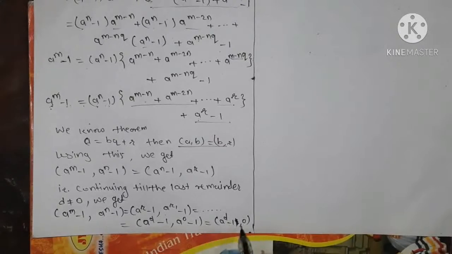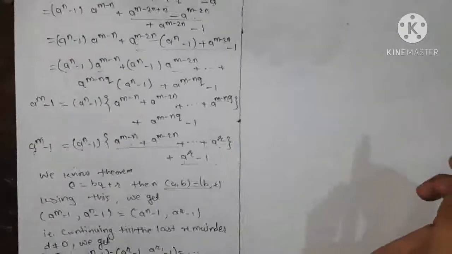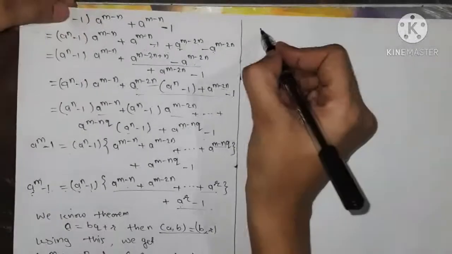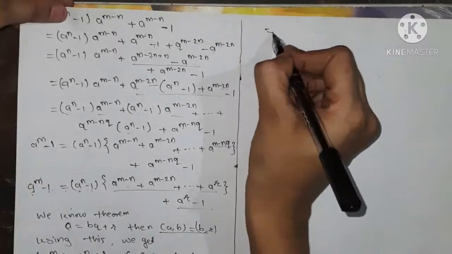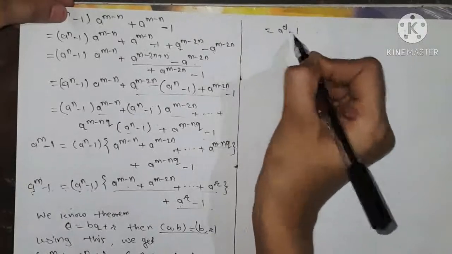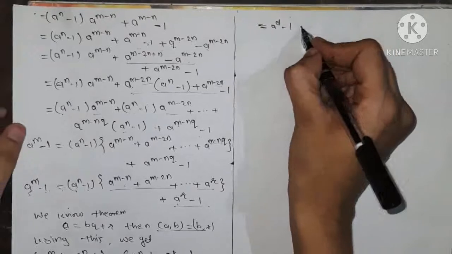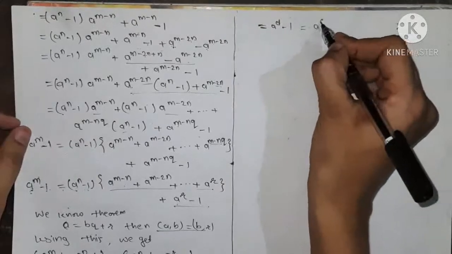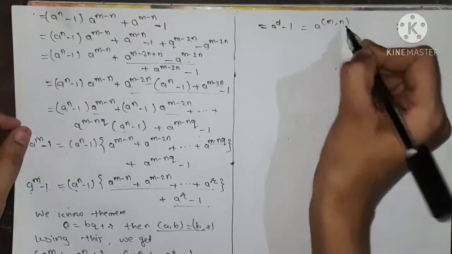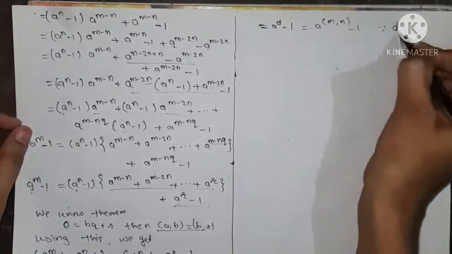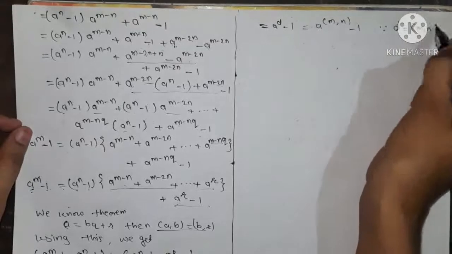So this is equal to a to the power d minus 1, which is equal to a to the power gcd(m, n) minus 1, since d is nothing but the GCD of m comma n.